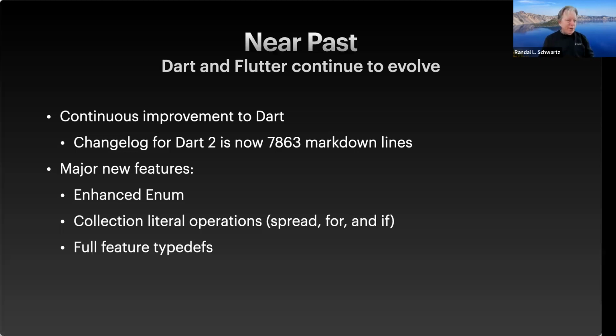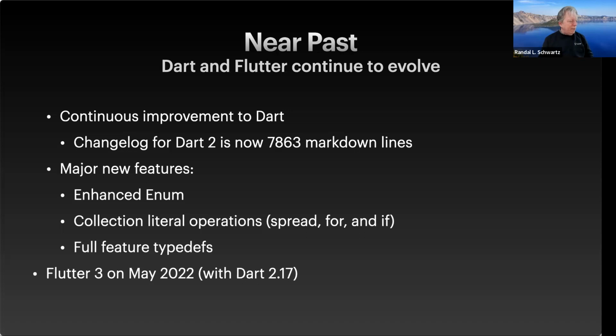But that's life. That's why you spend a lot of time hanging out on community social networks, asking questions about Dart, because it's probably changed since the last time you looked. Typedefs got to be the same way as they are in C. You can basically typedef pretty much anything now.